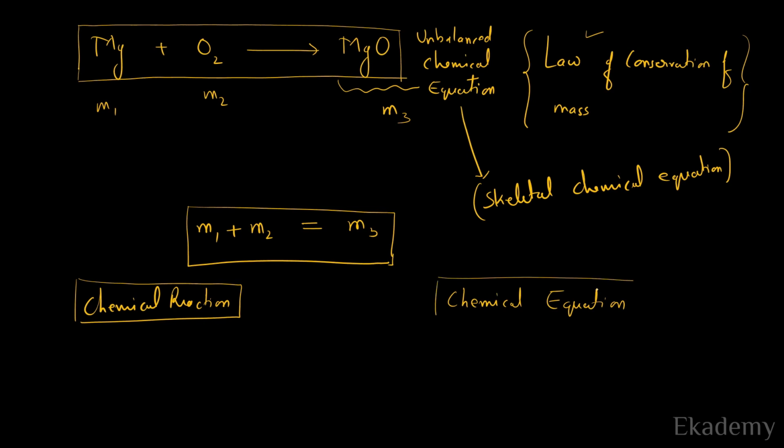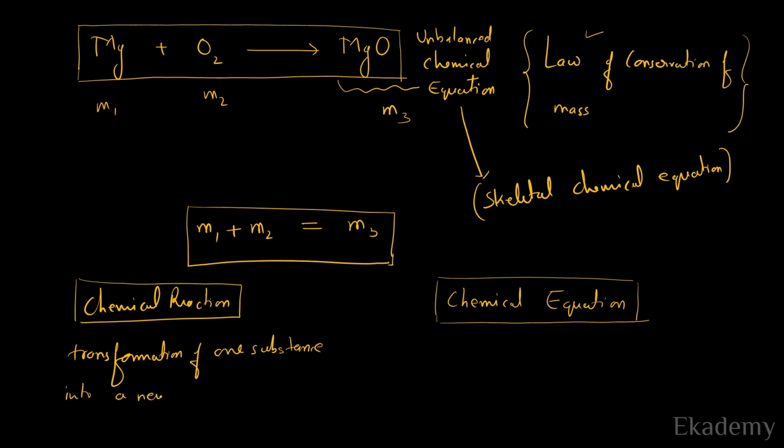A chemical reaction is the transformation of one substance into a new substance, right? And a chemical equation is a way to represent a chemical reaction.